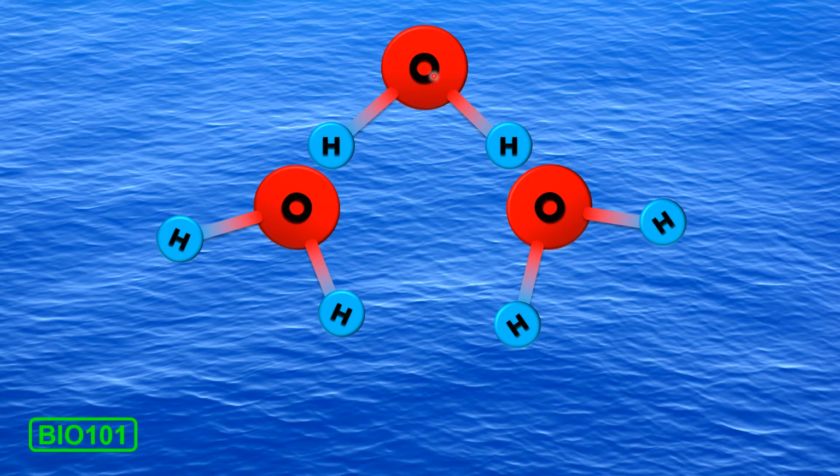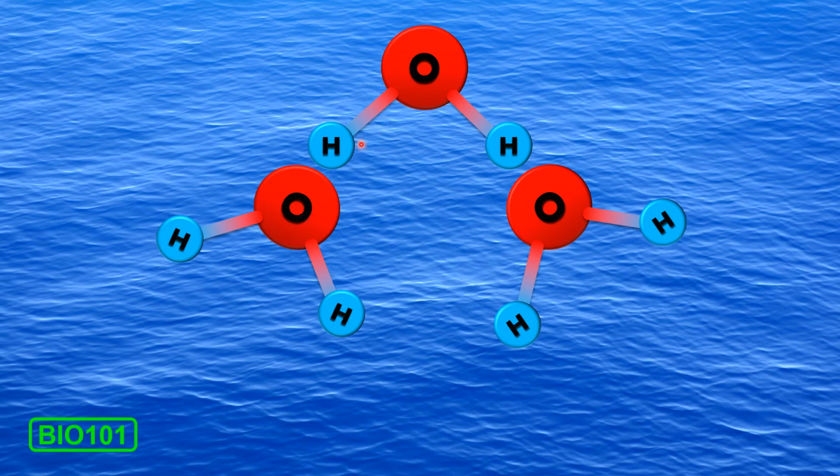The bonds between oxygen and hydrogen of one water molecule are covalent bonds. These are covalent bonds. But the attraction between an oxygen of one molecule and a hydrogen of another molecule is a very weak attraction. We call that a hydrogen bond. And that's one of the weakest chemical bonds that we see in nature. A very weak bond, very easy to break. You know, it's not that hard to boil water.